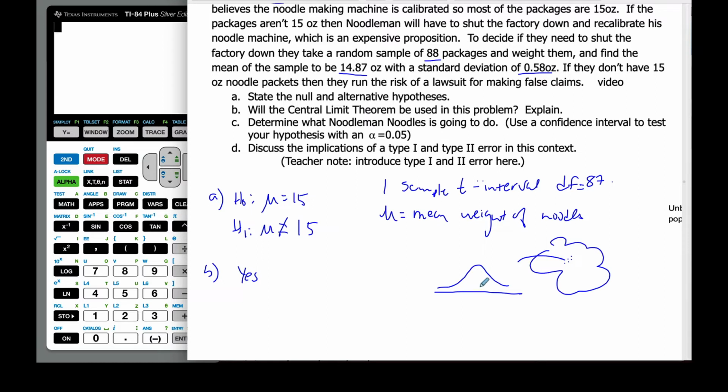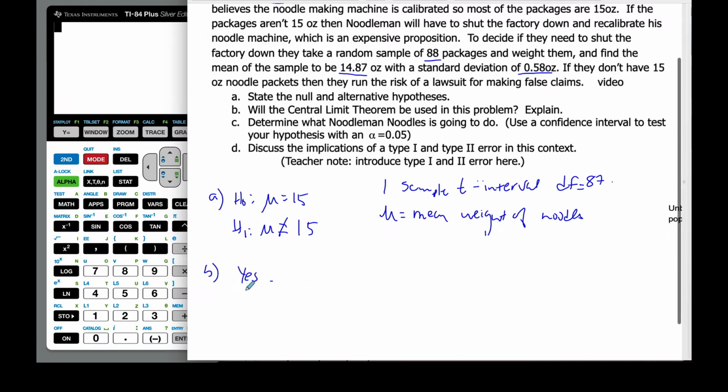And so the standard deviation will be the standard deviation over the square root of n. So we are using the central limit theorem in this particular case to solve this problem. And even though I said normal, it's really going to be the t distribution, but they're, in essence, very close to being the same thing, and conceptually they work the same way. So yes, we'll use the central limit theorem.